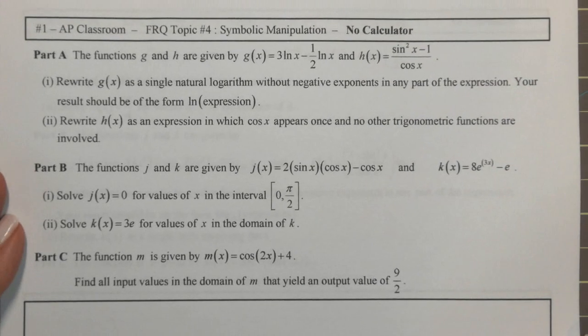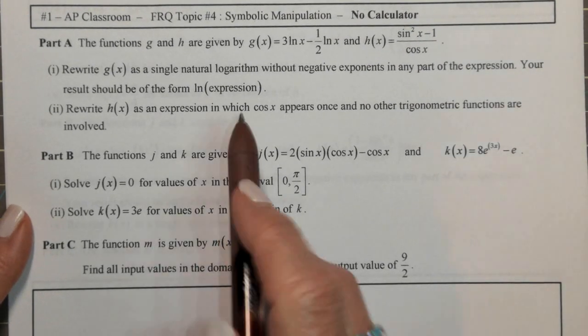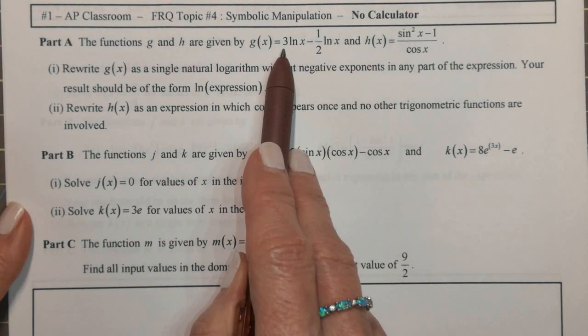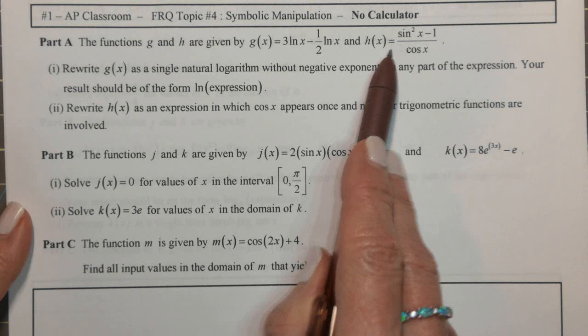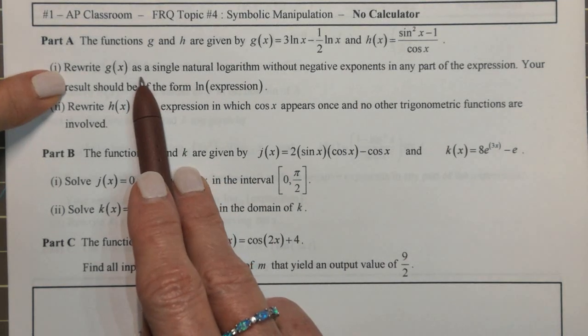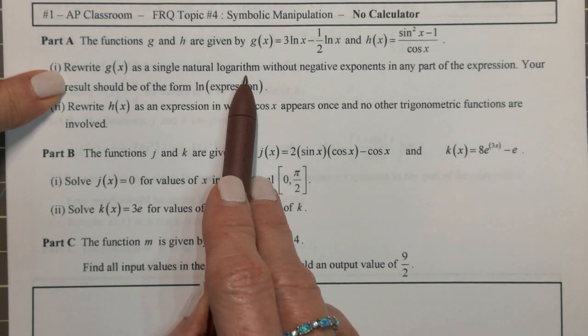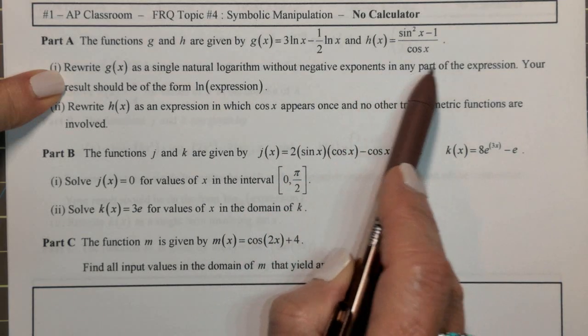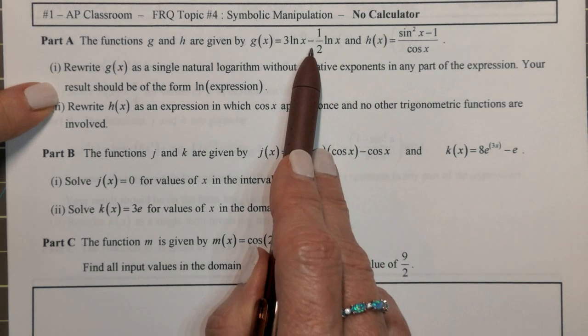We're going to start with number 1 on your sheet, in your packet, number 1. Okay, in part A, they give us G, they give us H. Rewrite G as a single log without negative exponents or in any part of the expression. Okay.